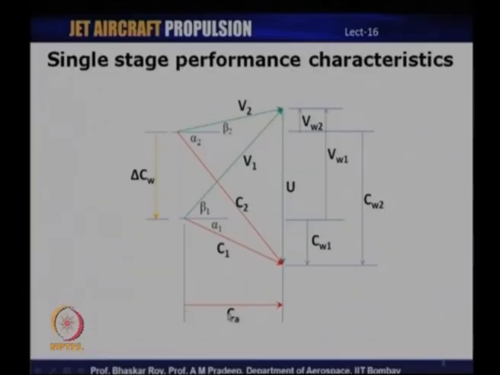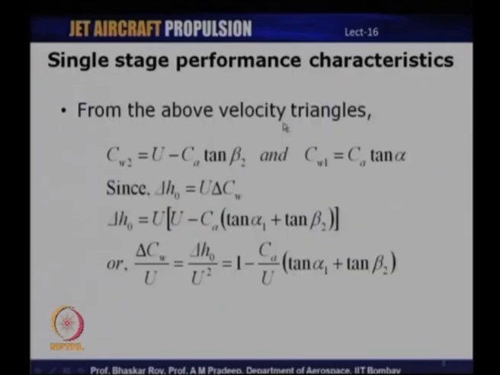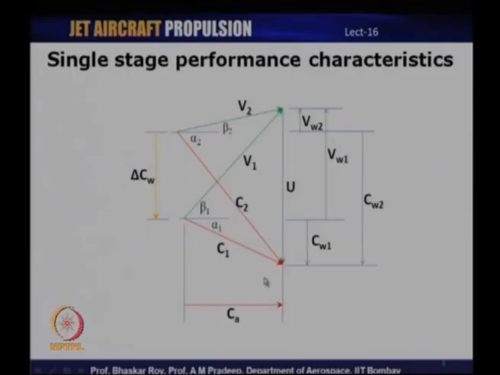So, Ca is this component, Ca times tan beta 2 is this component. So, U minus Ca tan beta 2 is Cw2. Similarly, Cw1 is Ca tan alpha 1. Cw1 is this. So, Ca tan alpha 1 is this component.